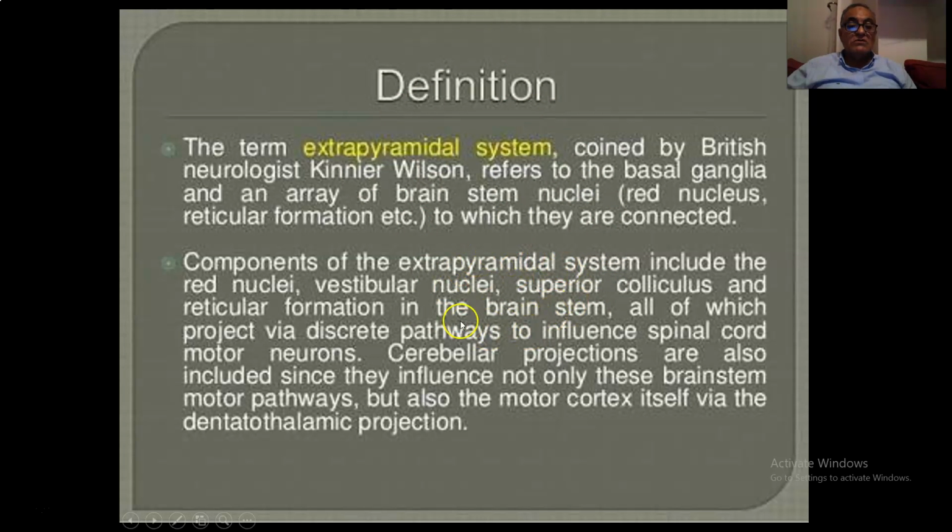And these include deep nuclei in the brain, like the lentiform nucleus, putamen, globus pallidus, the caudate nucleus, and some scattered nuclei in the brainstem, like the vestibular nuclei, the red nucleus, the substantia nigra, and the superior colliculus, as we will see now.